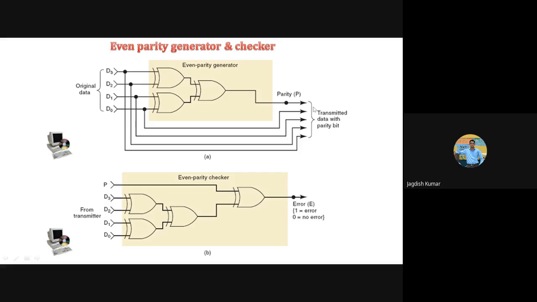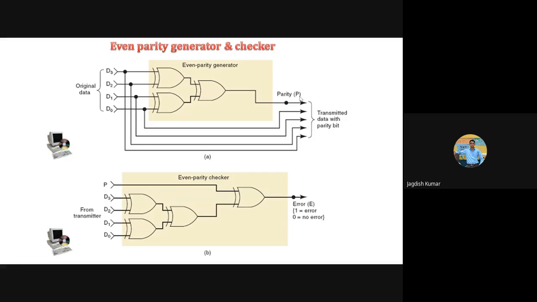It makes sure that parity is even, because in that case the parity bit will be 0. But if the number of ones here is odd, what will happen? The parity bit will become 1, so that the overall number of bits here in the output remains even. And that is what we call a parity generator.